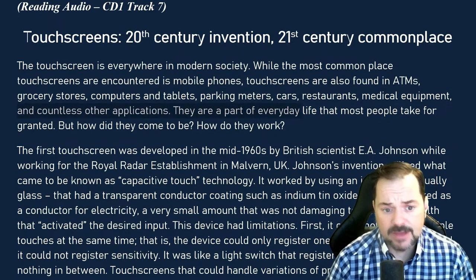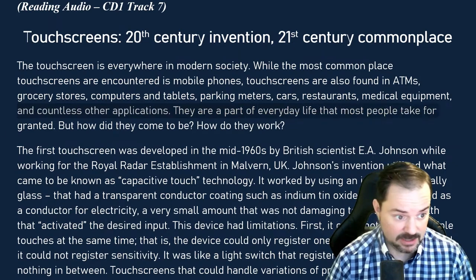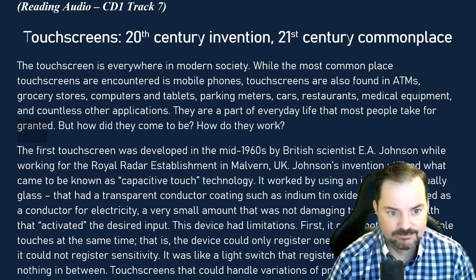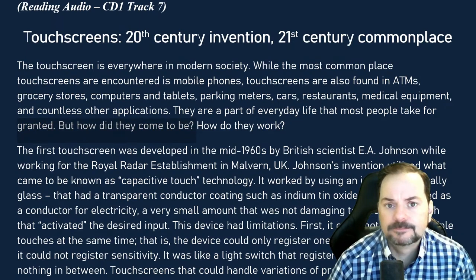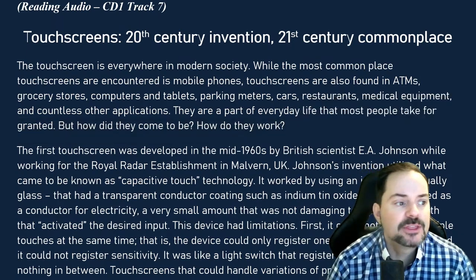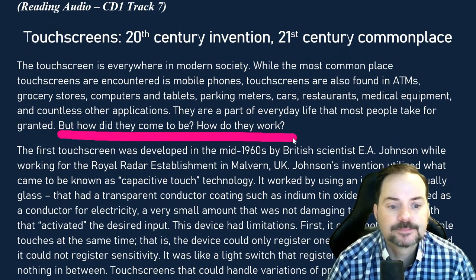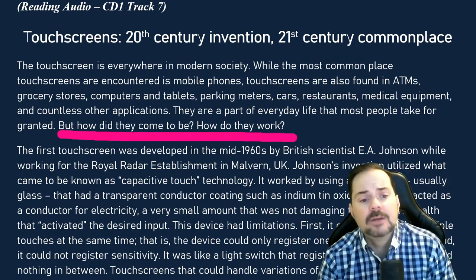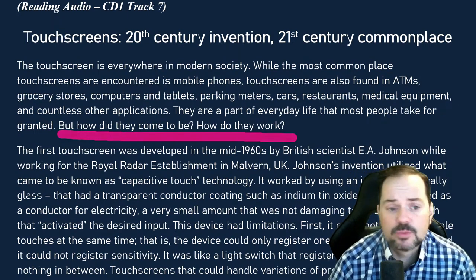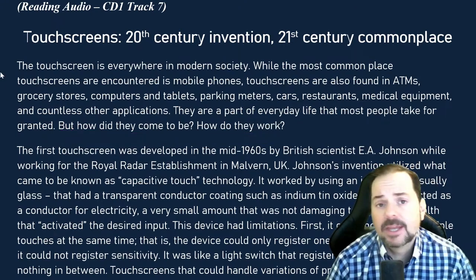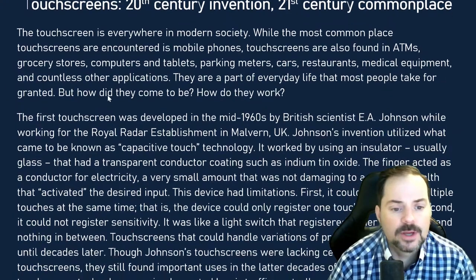They are a part of everyday life that most people take for granted. But how did they come to be? How do they work? Now, that's my thesis, right? So I can predict that this is what the passage will discuss, is how they came to be and how they work. All right, let's keep going.